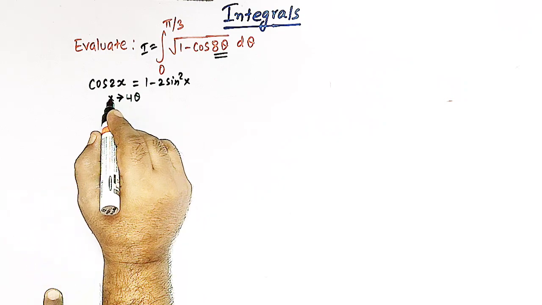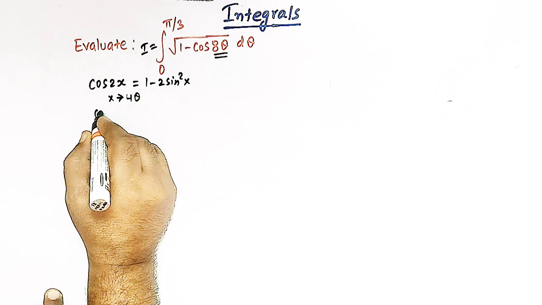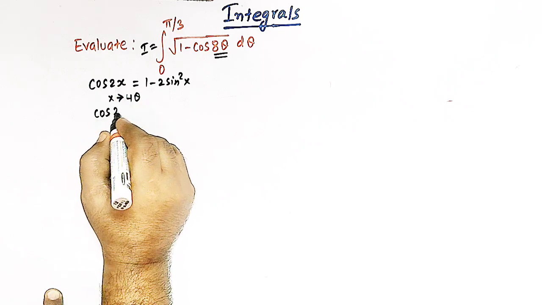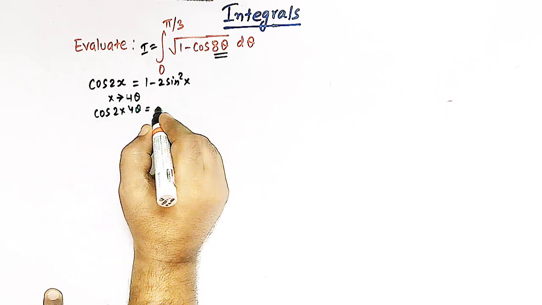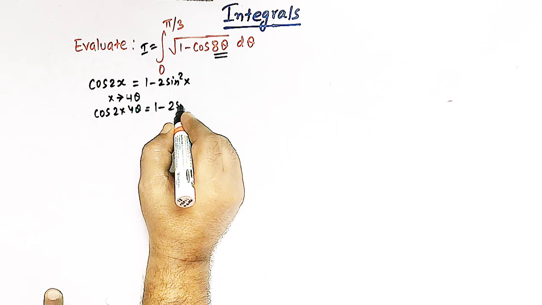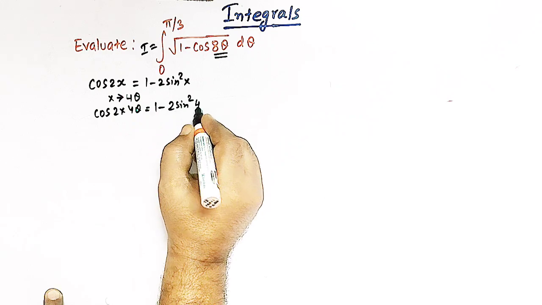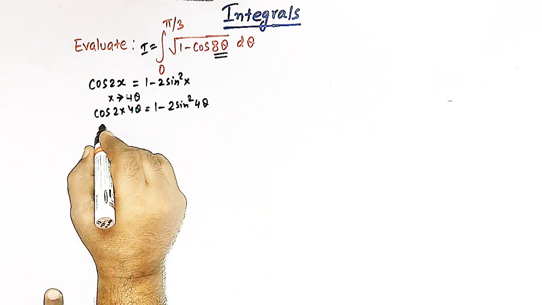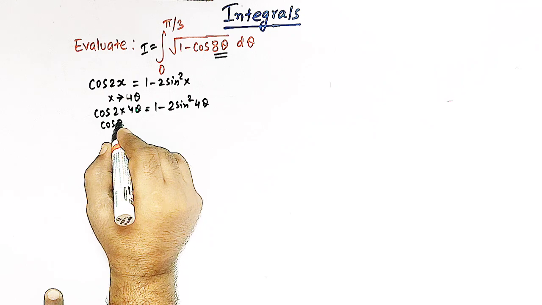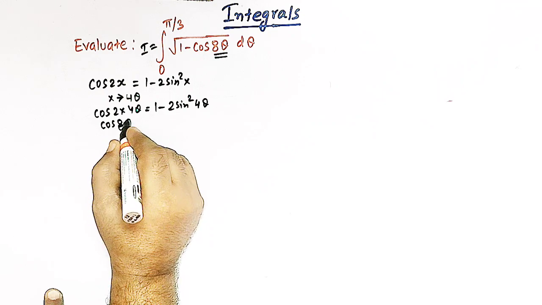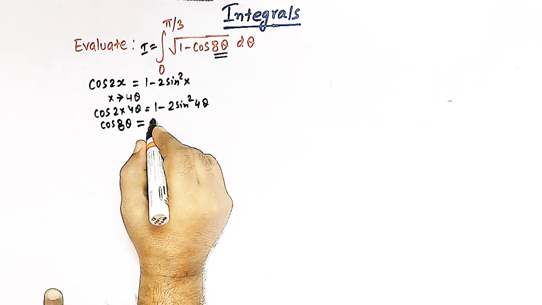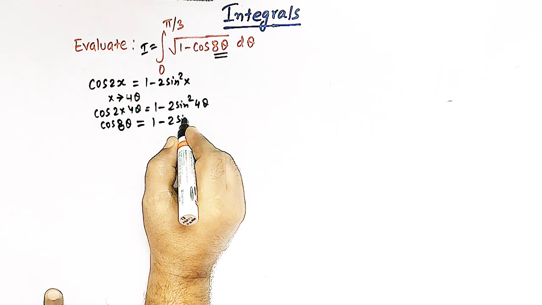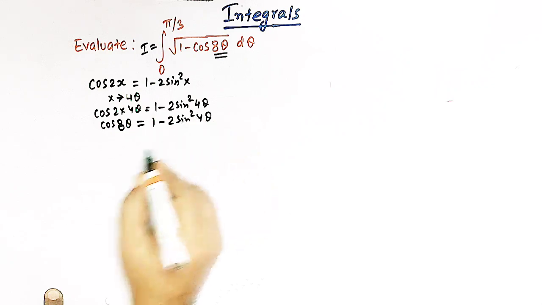When we replace x by 4 theta, we get cos of 2 times 4 theta, which is 1 minus 2 sine square 4 theta.